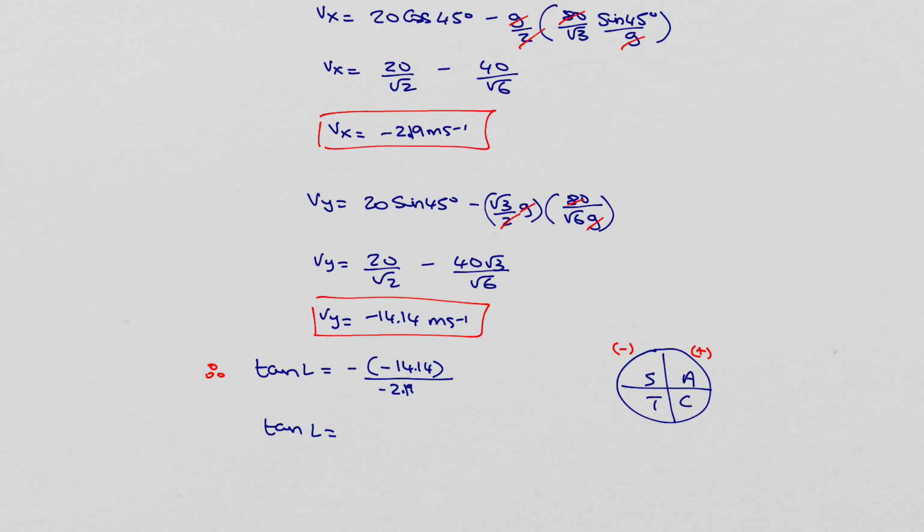Therefore it must be an obtuse value if we're getting a negative value. So we end up with tan L is equal to minus 6.46, which is therefore obtuse, because tan is negative in the second quadrant.